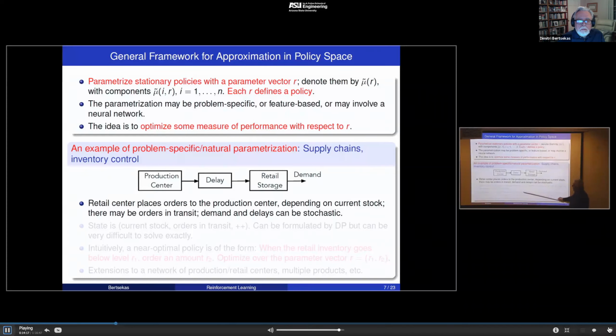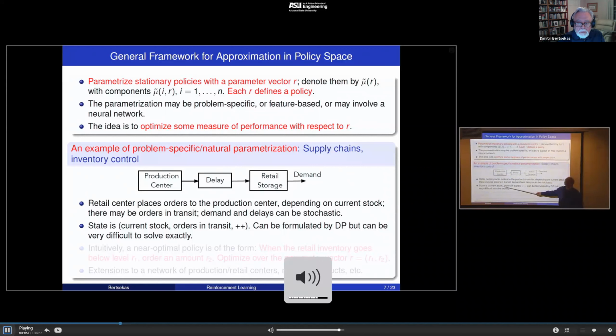The other cost consideration is if you order haphazardly, there may be greater cost for production. So somehow you have to smooth out your orders. There may be an upper bound on how much stock you can order. There are many complicated issues here. Generally speaking, this type of problem can be formulated as a dynamic programming problem. You look at your stock and whatever else is happening, how much you have ordered in the past, how many orders are in transit, and so on.